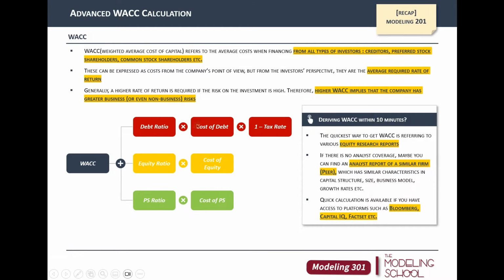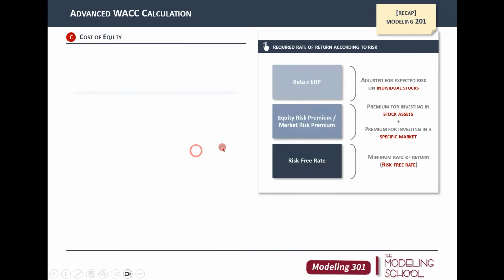All other components are relatively easier to understand since debt to equity ratio is very straightforward. Cost of debt is also very straightforward. It's very similar to interest rates. Tax rates are also straightforward, but in terms of cost of equity, as we remember, we usually use this formula.